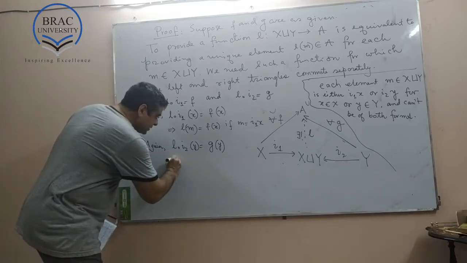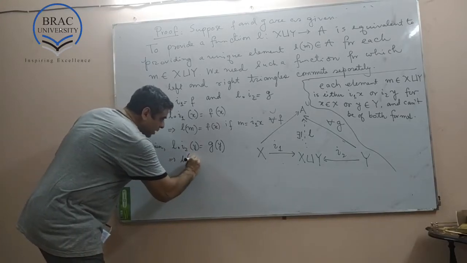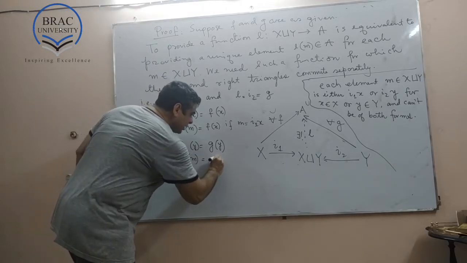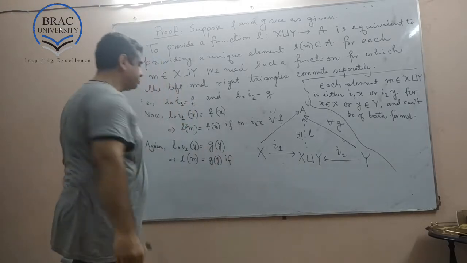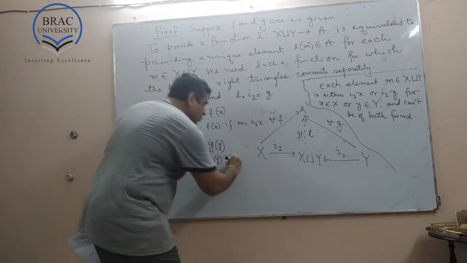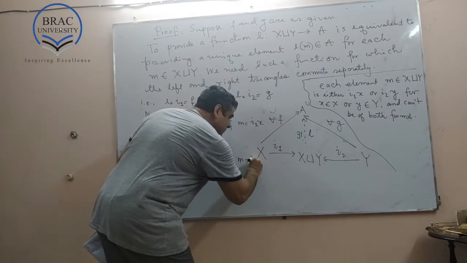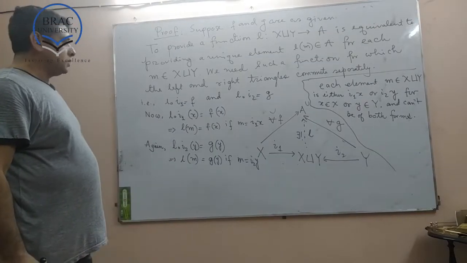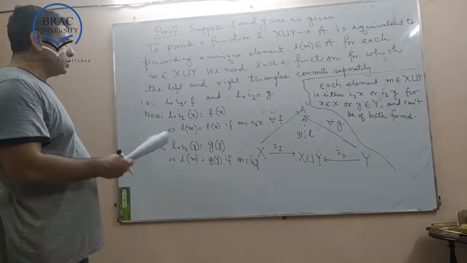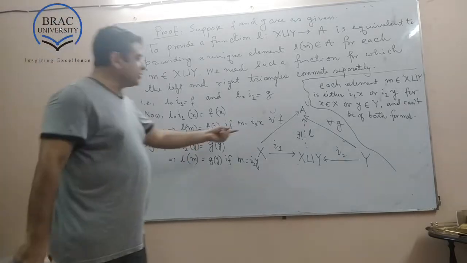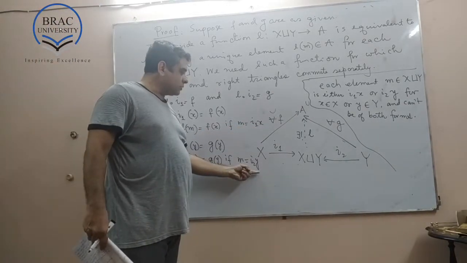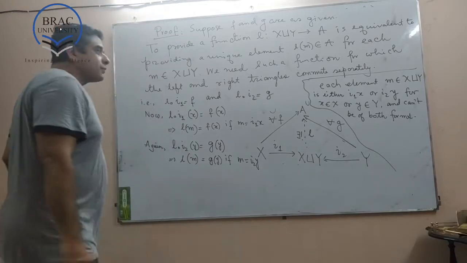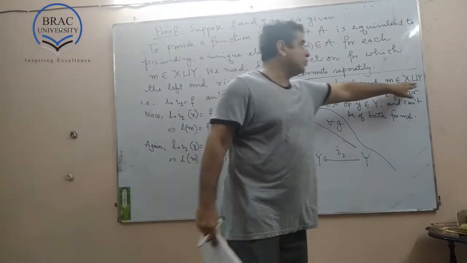And this will tell us that L(m) is equal to g(y) if m is equal to I2y. Right? So m is either I1x or I2y. There is no other option for m from the definition of the disjoint union of two sets.